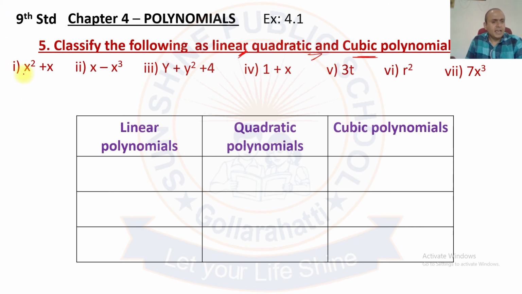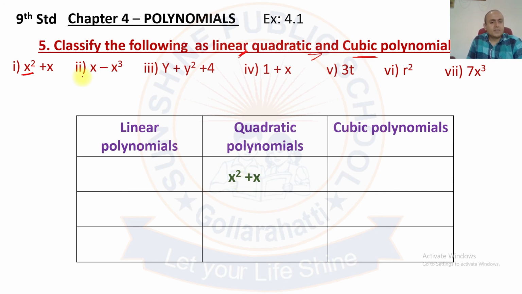First question is x square plus x. Here the power of variable x is 2. Therefore, it is classified under quadratic polynomial, with the power 2. So x square plus x is a quadratic polynomial.